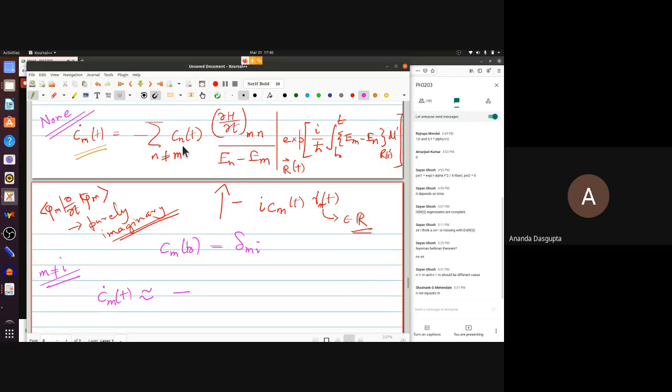Notice that initially all the Cn's were 0. So the rate of change, because that has a delta delta in it, at a later time t, whatever its value will be proportional to delta delta. That is, however much it changes from its value at t equal to t0, that will become proportional to delta delta. So basically, these terms will actually contribute to second order in delta delta. So if you want to keep only first order in delta delta, since delta delta is taken to be small in the adiabatic approximation, what do you expect here?